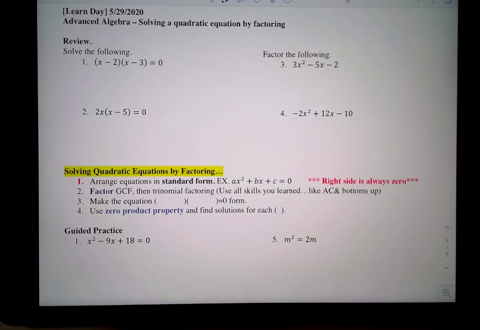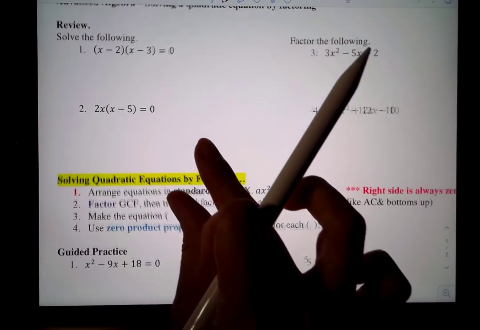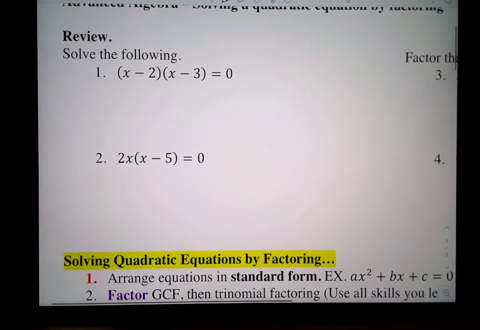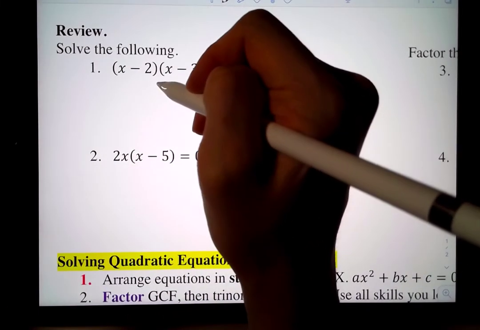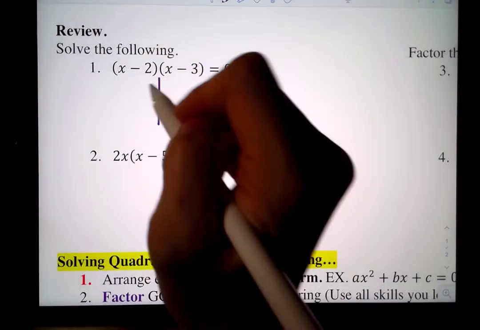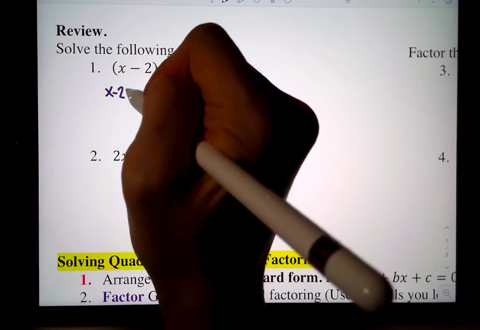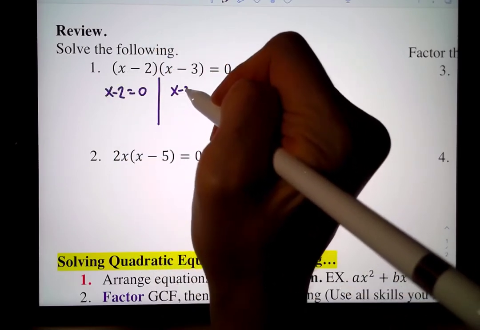And today we will keep going, like solving quadratic equations by factoring. So yesterday it was what? It looks like this, right? Yesterday's assignment was we just solved what is that? Already factored, right? So for this, we did this, right? And then you find the solution from it. So make it 0.